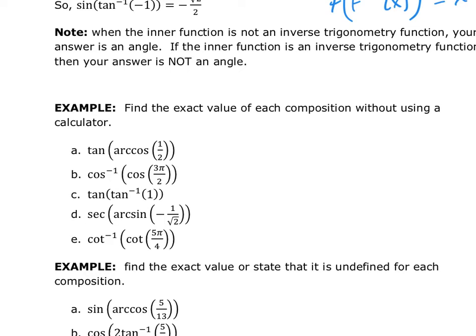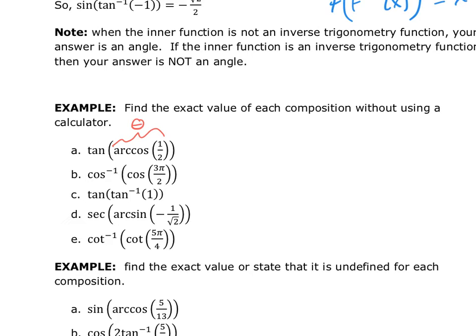So, just because there seems to be a lot of confusion, when I see this, the arc cosine of 1/2, I am chasing an angle. When I see arc tangent, arc cotangent, arc sine, arc cosine, arc secant, arc cosecant, I am chasing an angle that produced that answer. So this is equal to some angle.